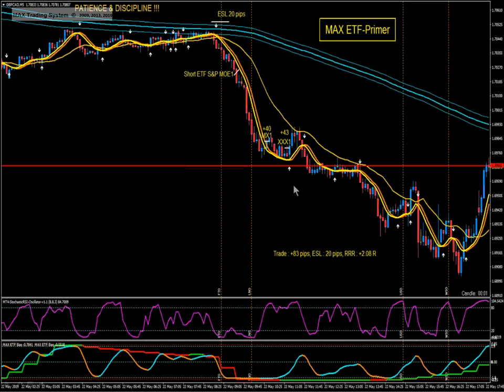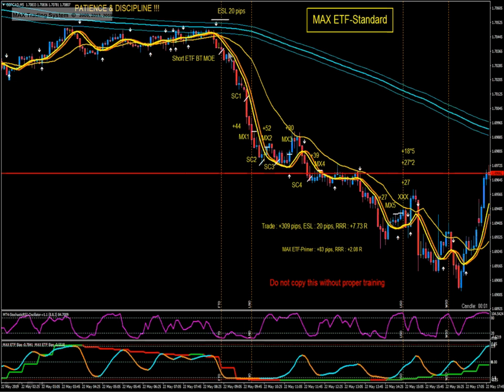So this is an example of a typical max ETF primer, which is the most basic level of the max approach. So we have just a few entry setups, a few exit setups, no scaling technique. But now this same movement handled with the max ETF standard gives a result which is completely different. For example, here we had an earlier entry.